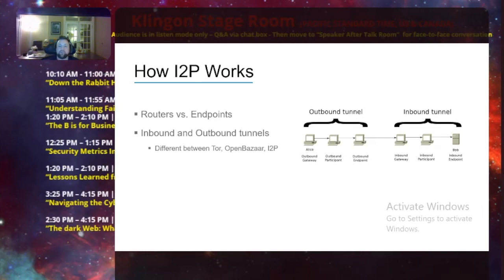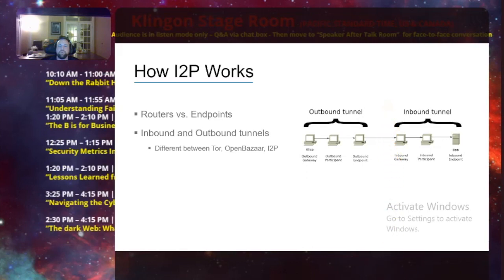So in an I2P environment, I could have a computer that's running the router and running a web server, or I could have a computer that's running just the I2P router, and then I can have other computers that are running different services and servers, like an IRC channel and a web server, and I can have them connected to and route through or proxy through that one dedicated computer that's running the router. It doesn't matter. Each individual application is going to be associated with its own destination. So you can distribute them or you can keep them combined within one system.